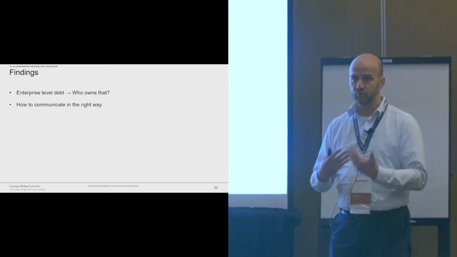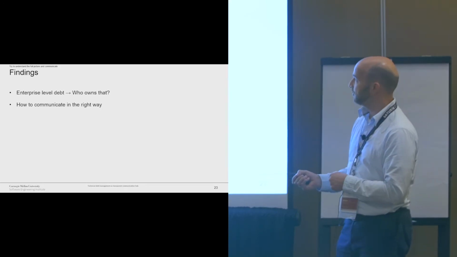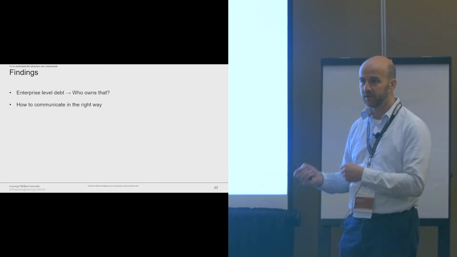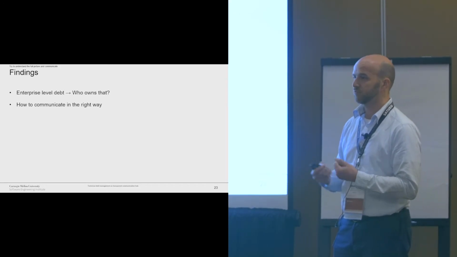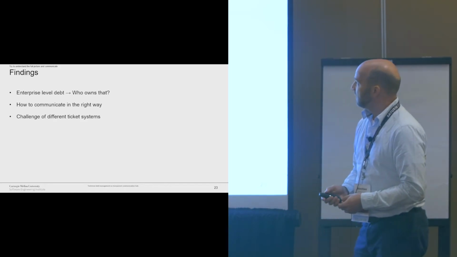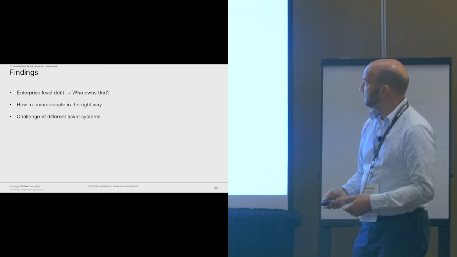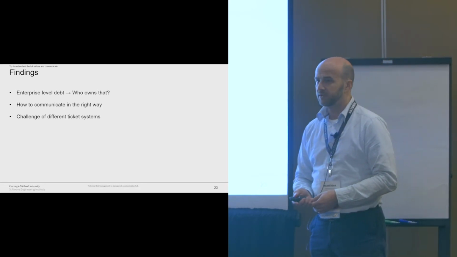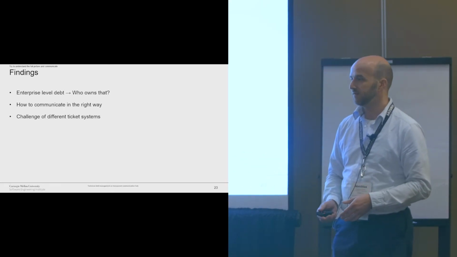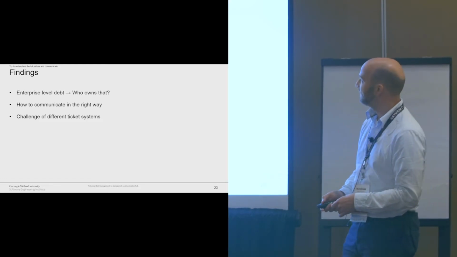We needed to improve the way to document it, to really be able to communicate in the right way with non-technical people, with management, to say what is really the problem here. Okay, we have many different ticket systems. That's also a challenge, so we need to think about how to combine all those data. But we managed it, as you could see.